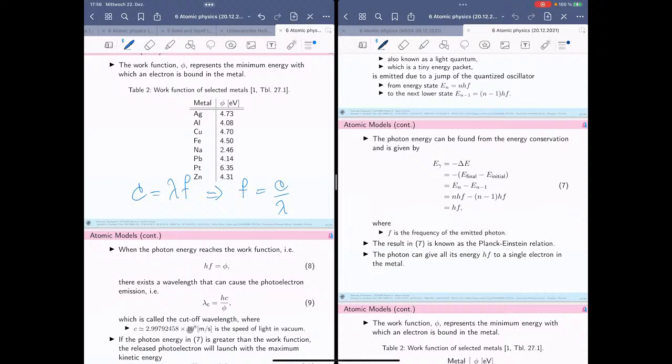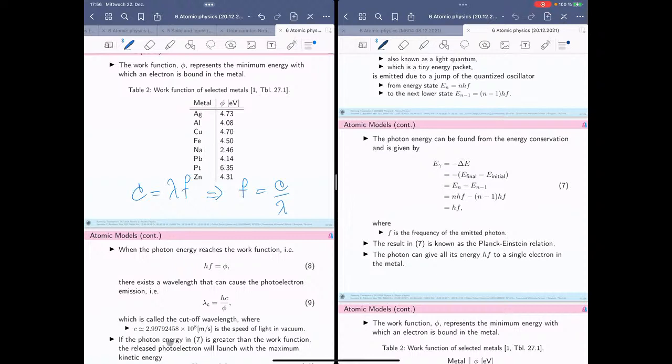Probably you may say it's 3 times 10 raised to 8, but it's not the case here. More precisely, it's almost 3.00, 2.99, but the order of 10 is the same. Number 8 is the speed of light in vacuum.